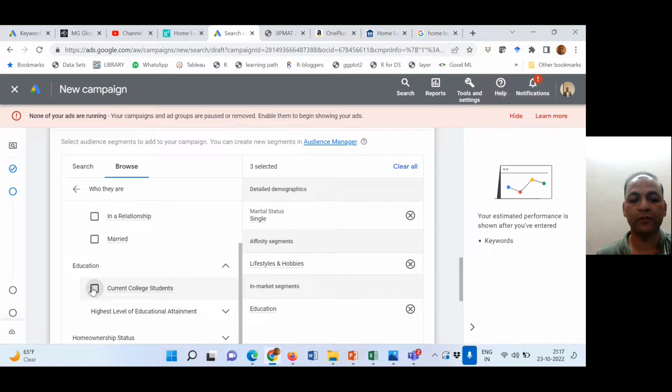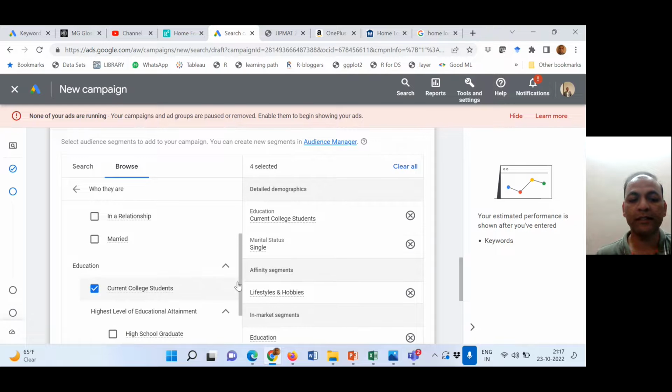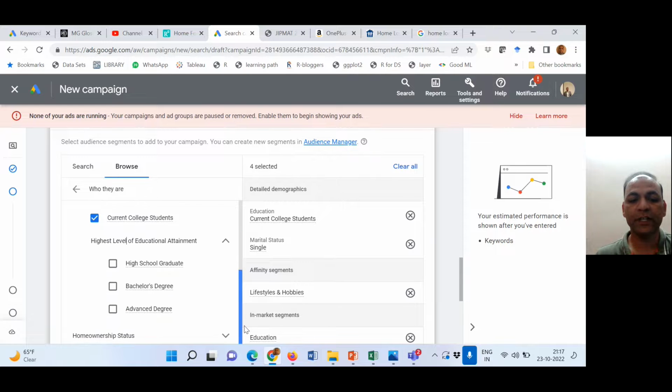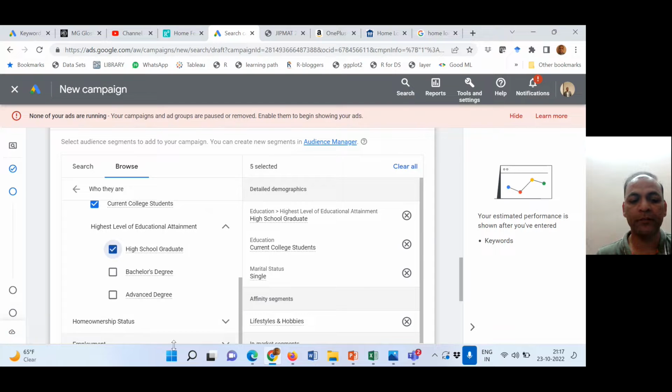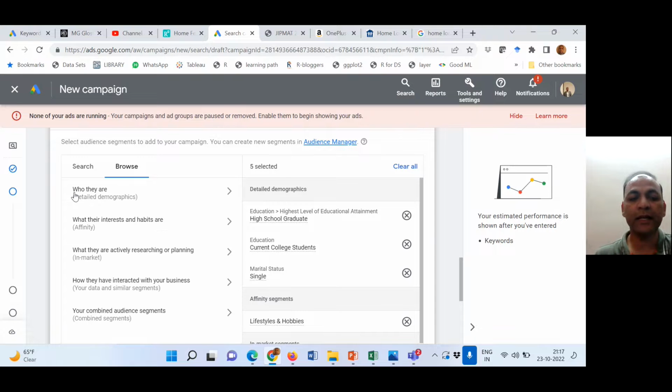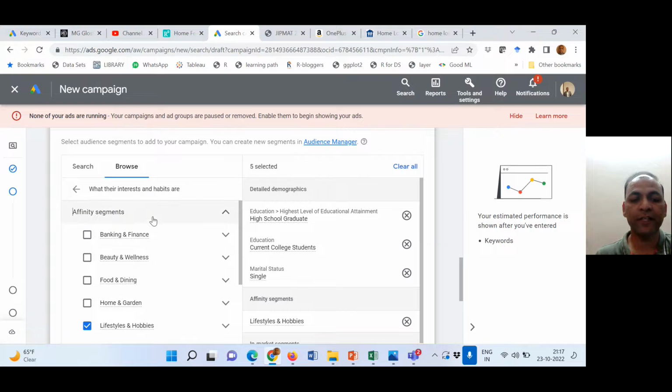Current college level students. We can look at their highest level of educational attainment. It could be a high school graduate degree. House ownership status. Probably we will not look at employment status. So these various elements you can add.